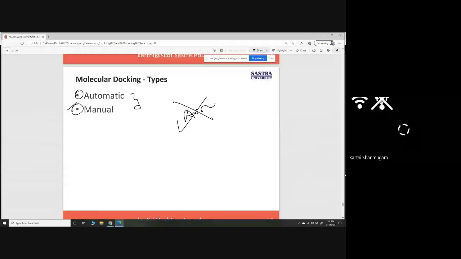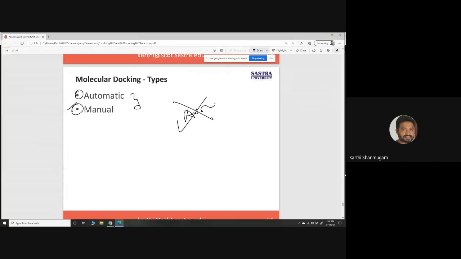Automatic is just for beginners, not for experts or advanced users. They will look to control all the parameters. They won't allow the algorithm to take care of everything. They will try to control everything. Only then can you understand what exactly is going on. So that's the difference between automatic and manual.